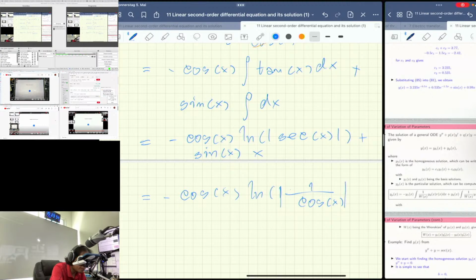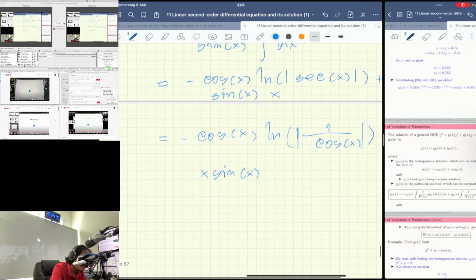Okay, and here we would have big parenthesis plus x sine x, and of course you can see that this is actually plus cosine x in ln of the absolute value of the cosine x.